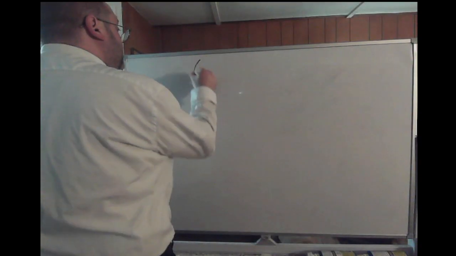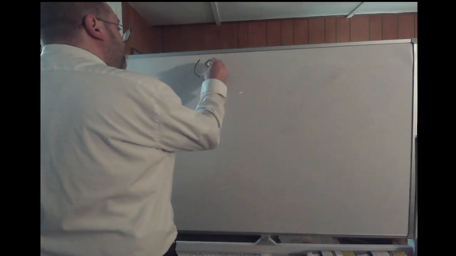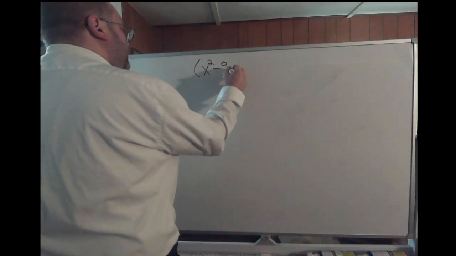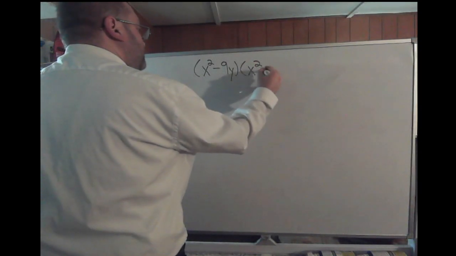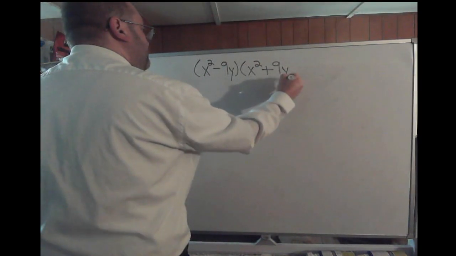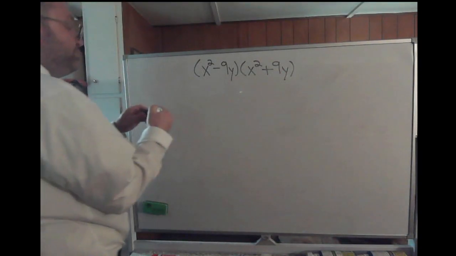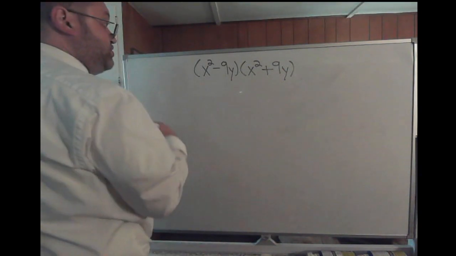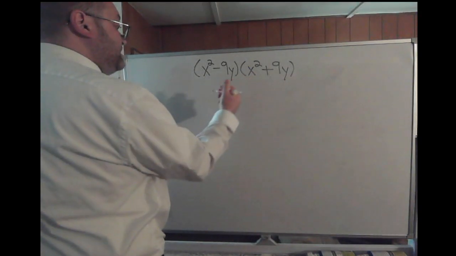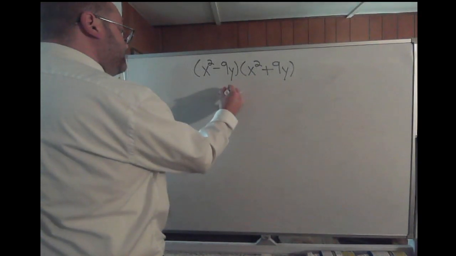Alright, let's see. We got x squared minus 9y times x squared plus 9y. Same variables and then plus or minus. So we can use the shortcut method. X squared times x squared, that's x to the fourth.